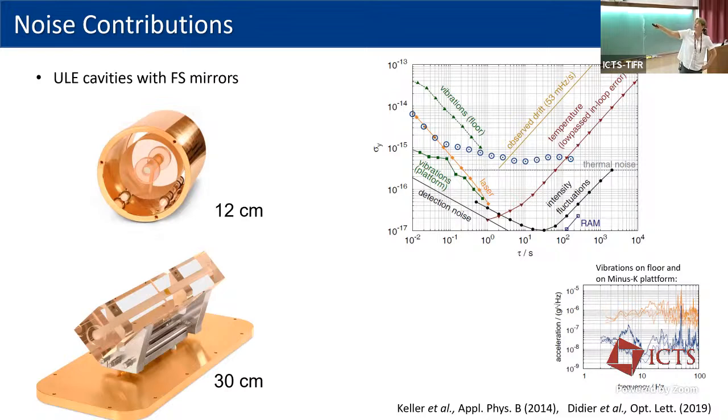Then you have thermal noise. The thermal noise limit is a flicker floor, so it's very flat. Then you have intensity fluctuations, electronic noise, temperature fluctuations, the drift of the creep of the ULE cavity itself, how it's shrinking over time. So many, many things that you add up. And in the end, this is the signal of your laser that you get, and you're happy if you get close to the thermal noise limit.